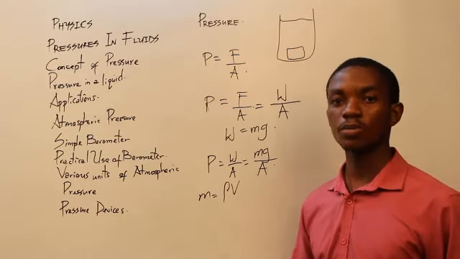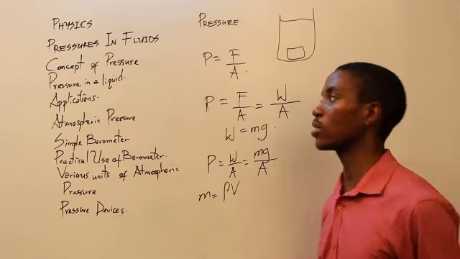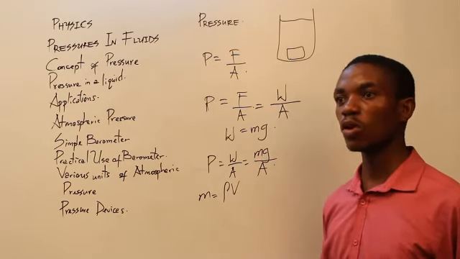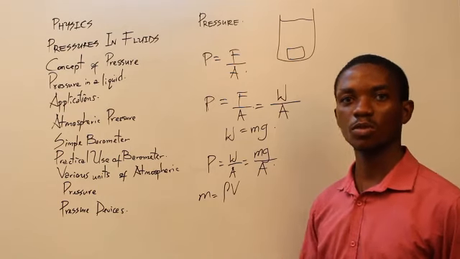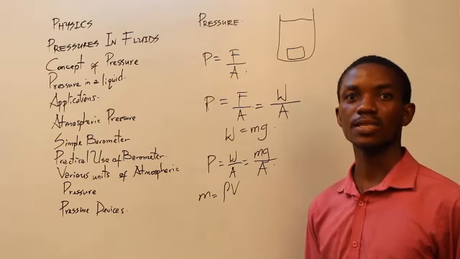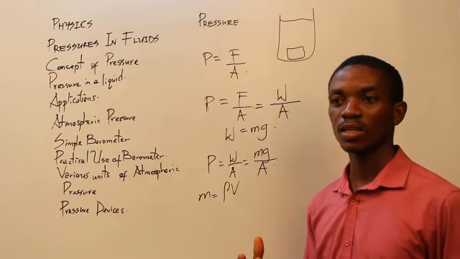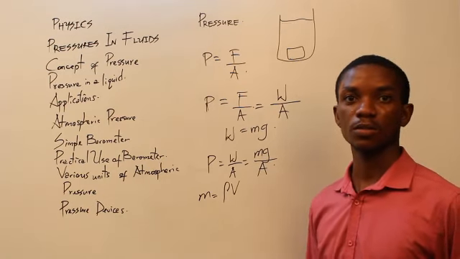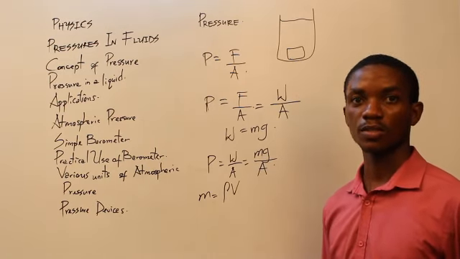We can always be sure of the density of the water or the liquid in question. We don't usually work so much with the mass of liquids when we are working in physics. We would rather work with the density because it gives us a value that is more concrete, much easier to work with.